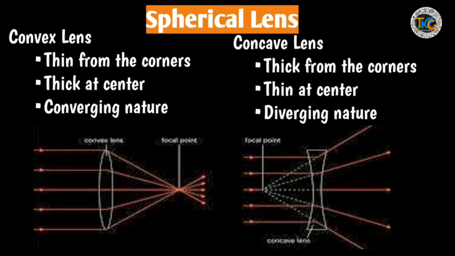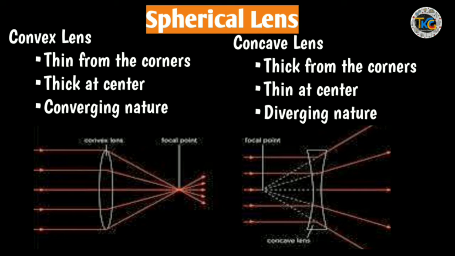When rays of light parallel to the principal axis pass through the lens, they meet at a particular point, they converge at a particular point. This nature is called the converging nature of light, which is seen in a convex lens.